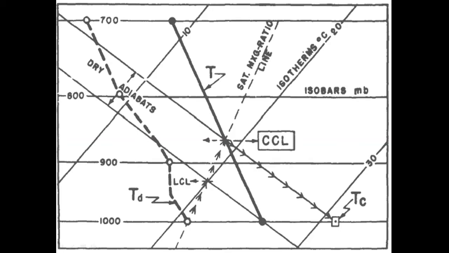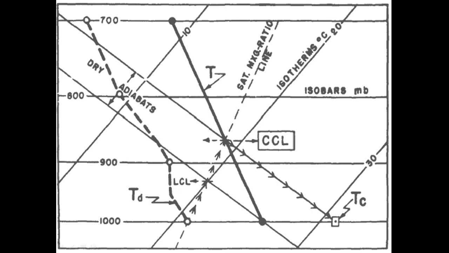Okay, so here's a little bit of a chart. This is kind of generically done just to show you how to get some of these readings. If you follow the dew point up the saturation mixing ratio line, then where you intersect with the temperature line is your CCL. That is your convective condensation level.